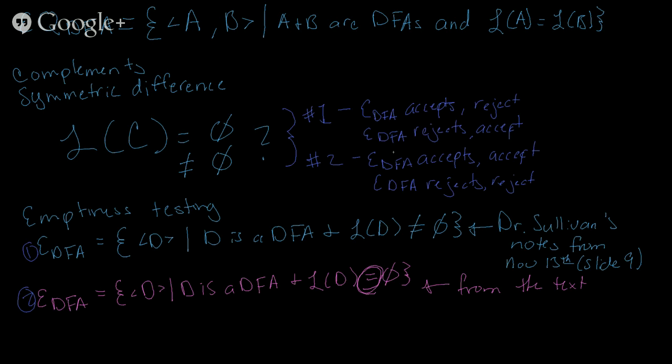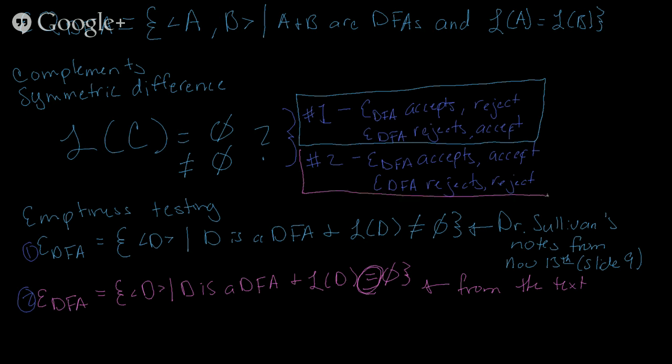So just make sure that you make it clear in your homework which one you are going to use. When I write out the solutions, I will write out the solutions for both. Basically, this is the one you're going to end up with if you use the definition of emptiness testing that's in blue. And this one is the one you're going to use if you use the definition that is in pink.